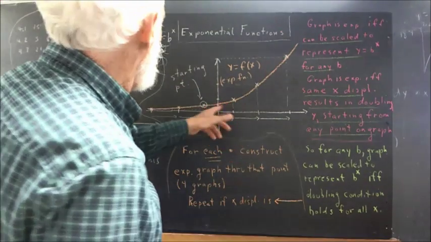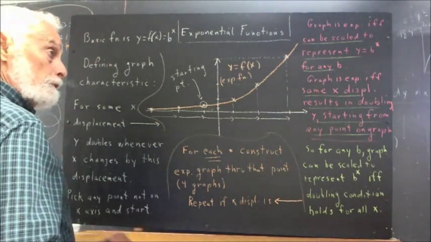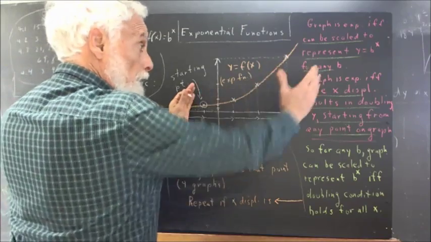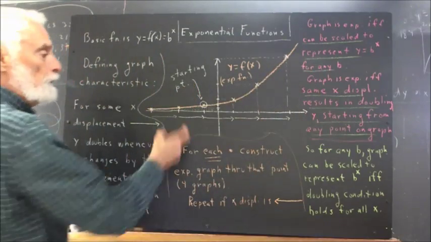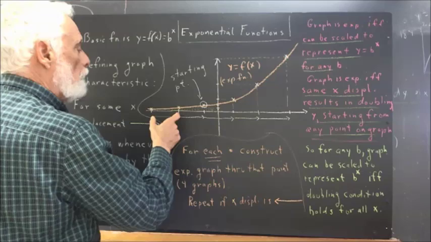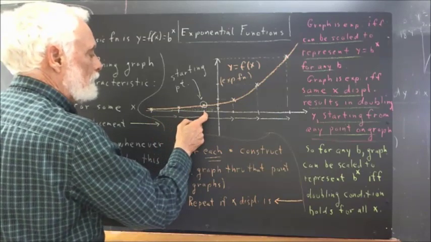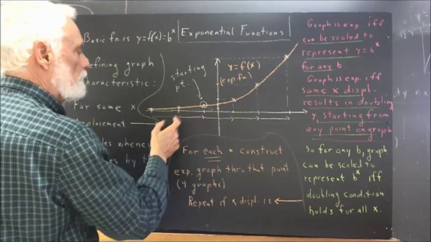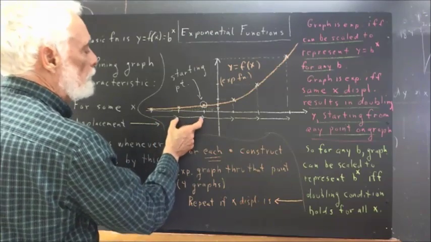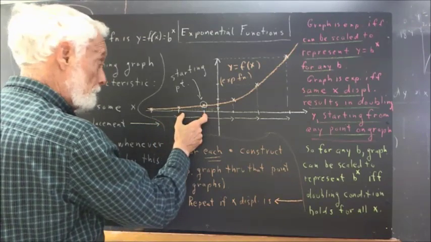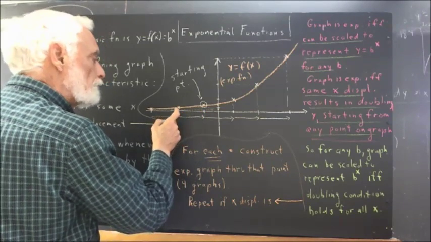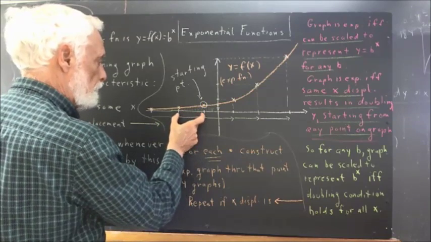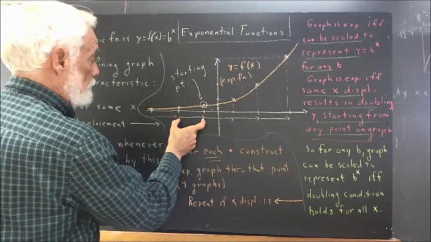Okay? Well, how do we get these points over here? We started here. Now, this is all we had. Well, obviously, if we find the point from which this is our x displacement, the point to which applying this x displacement gives us this point, then y is going to have to double between here and here. So we just move to the left.